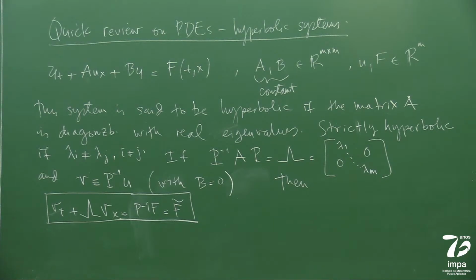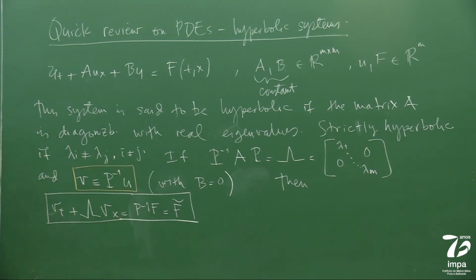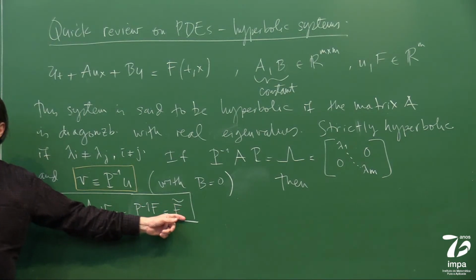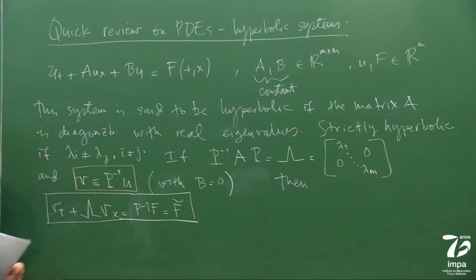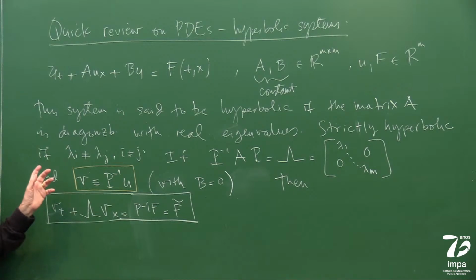But if it's always diagonalizable, I can do this. And this is basically a change of variables that diagonalizes my system.